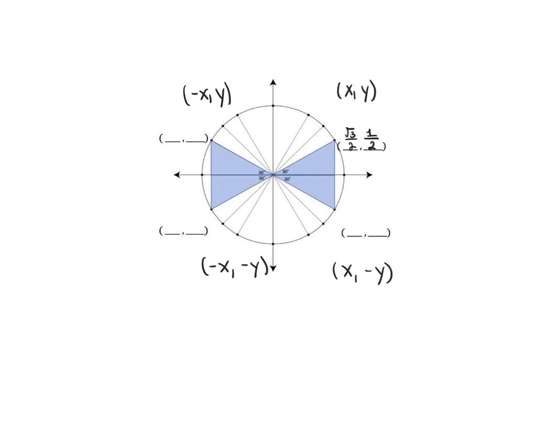So we just need to have these signs. We're going to basically rewrite this value in each of these ordered pairs. And the way that's going to work is that these are not going to technically be 30 degrees. This one, for example, is going to be 150 degrees.